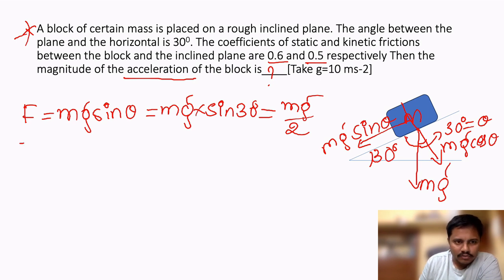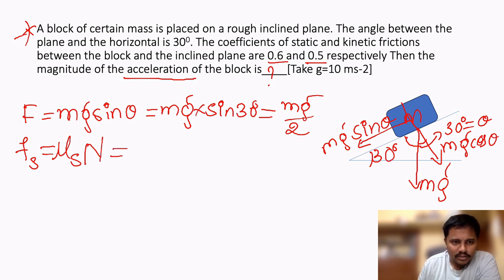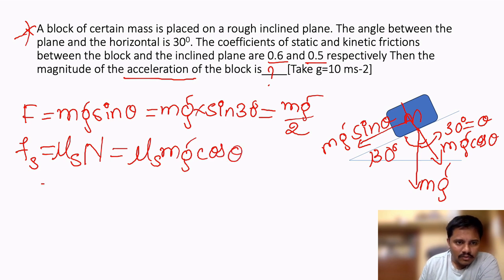So let us calculate the frictional force acting. We are first calculating the static friction, and we will check whether the body is moving. So mu s, the static friction coefficient, is multiplied by the normal reaction to get the static friction force. The normal reaction is mg cos theta. So mu s is given, that is 0.6.